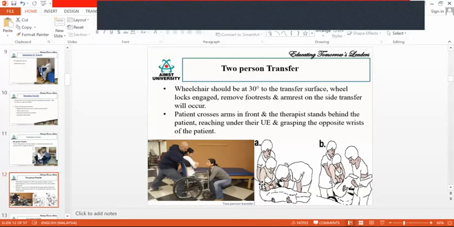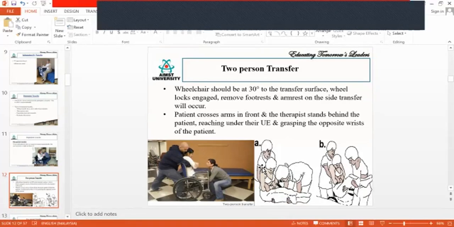To avoid that, the therapist standing behind has to fold the patient's hand and hold it in this manner. Okay, so one therapist who is standing behind will be holding the hand like this.